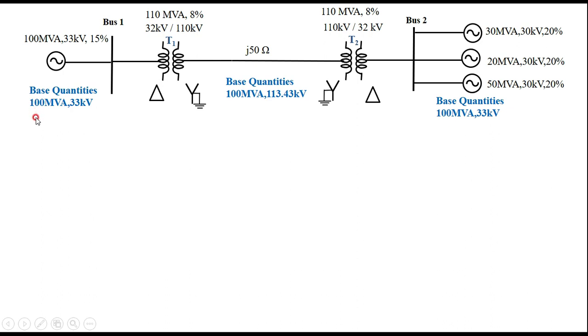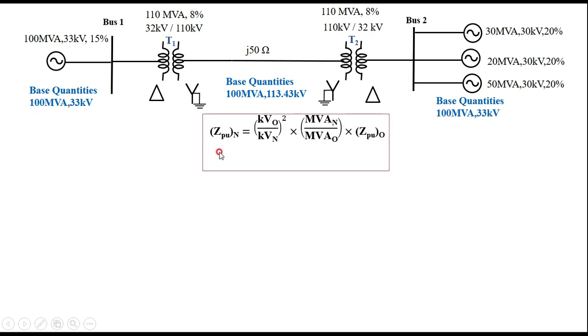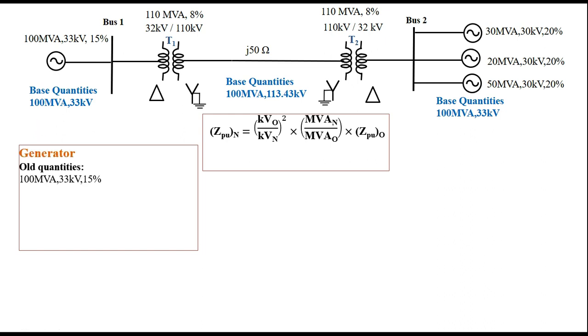Then you have to use our standard formula: Z per unit new is equal to kV old squared by kV new squared, times MVA new by MVA old, times Z per unit old. Now you are getting the Z per unit new. You have to apply this for each component in the power system. Therefore, first I am taking the generator. The old quantities are 100 MVA, 33 kV, 15%. The new quantities are 100 MVA, 33 kilovolts.